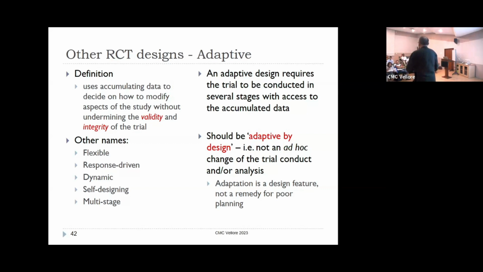Adaptive designs are studies that at the design stage, when you register it, you've already said how you're going to adapt it, when, and based on what. So they're not ad hoc, they are adaptive by design. It is not a way to deal with poorly done studies.